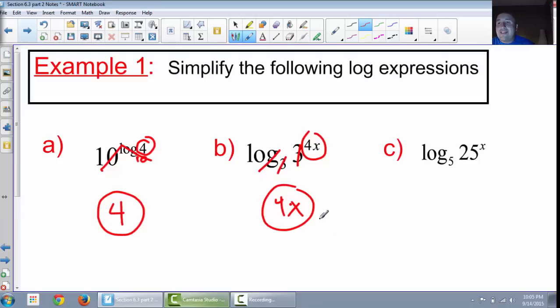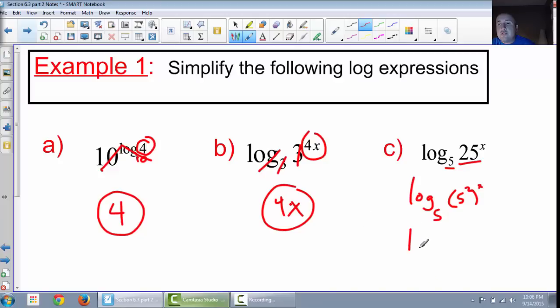Okay. And then the last one's a little bit harder. It says simplify, however, the 5 and the 25 are not the same. So we can't just cancel them. So I need to rewrite this so they do cancel. So I have the base of 5. And I recognize that 25 can be written using a base of 5. So would you agree that 25 is 5 squared? And if you do, you can use that information in order to cancel now.